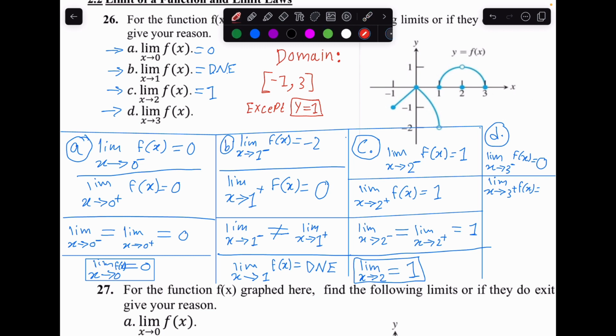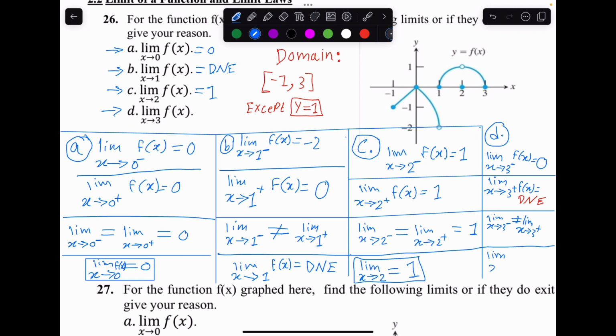So the limit when x is approaching 3 from the right of f of x does not exist. Since the limit when x is approaching 3 from the left is not equal to the limit when x is approaching 3 from the right, the limit when x is approaching 3 of f of x does not exist.